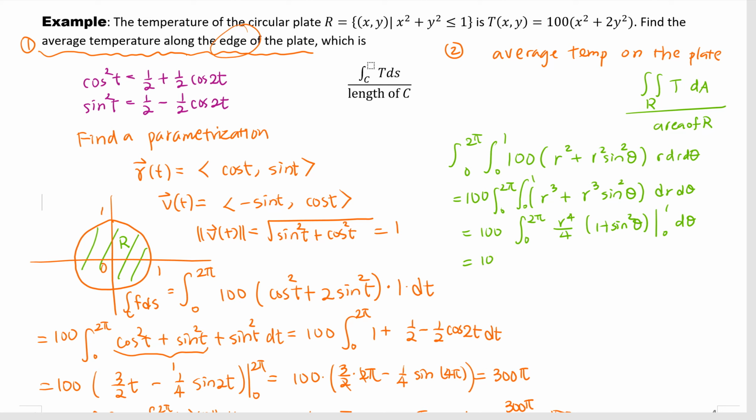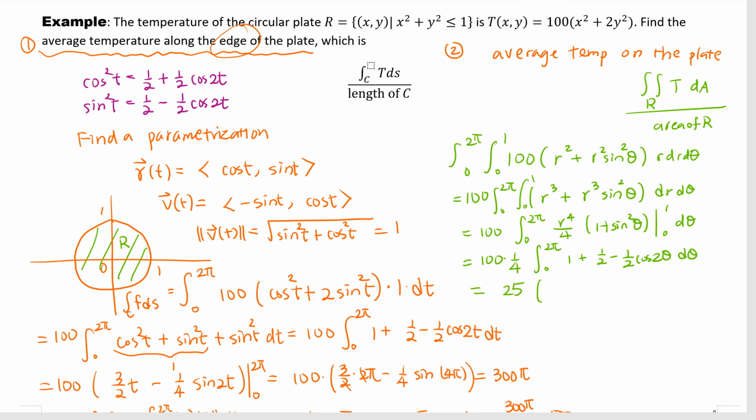So which means we plug in 1, that gives us 1 over 4. When we plug in 0, it's gone. And then we compute the integral of 1 plus sine square. But sine square is 1/2 minus 1/2 cosine 2 theta. Right, the double angle formula again. Here we have 25.